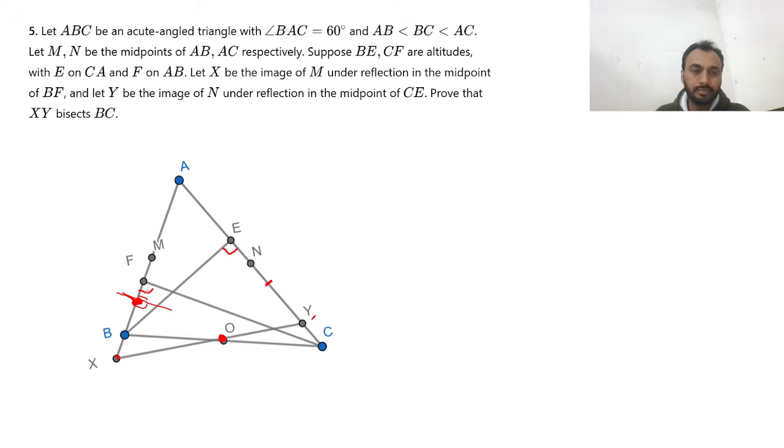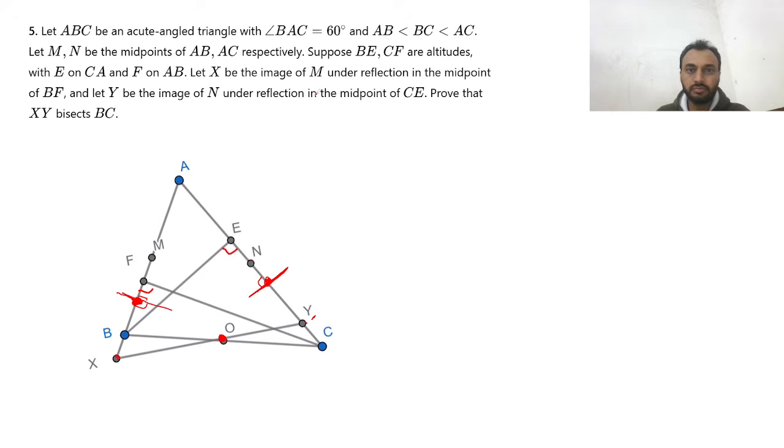If we are reflecting M about this point, that means we are reflecting about the perpendicular bisector at this point. Similarly, if we are reflecting N about the midpoint of EC, we are again reflecting about the perpendicular bisector of EC, right? If we draw the perpendicular bisector, then we take a mirror image of N about this perpendicular bisector, that is Y, right?